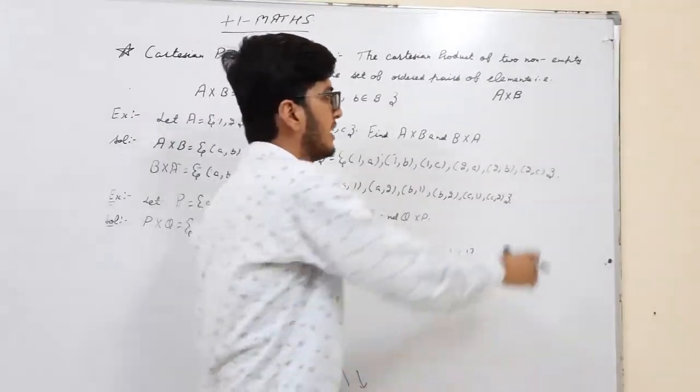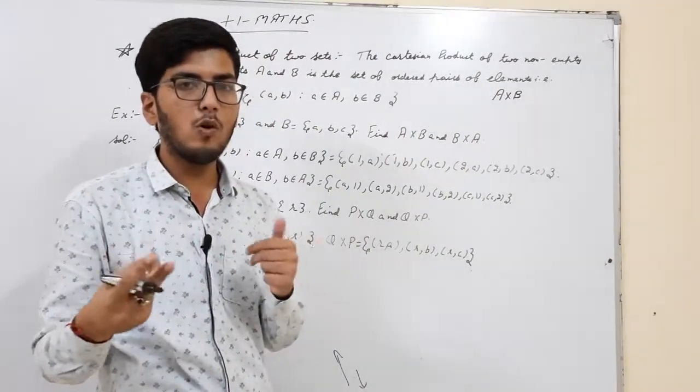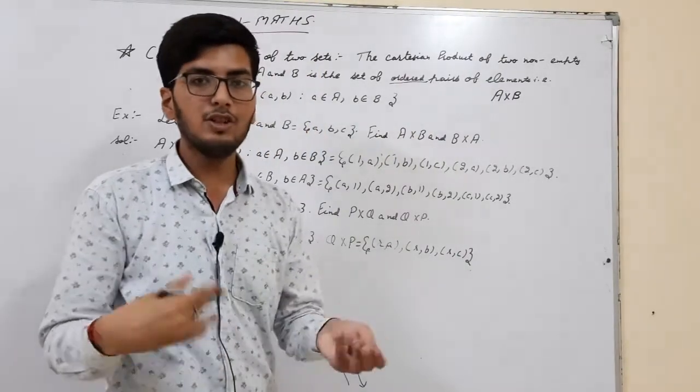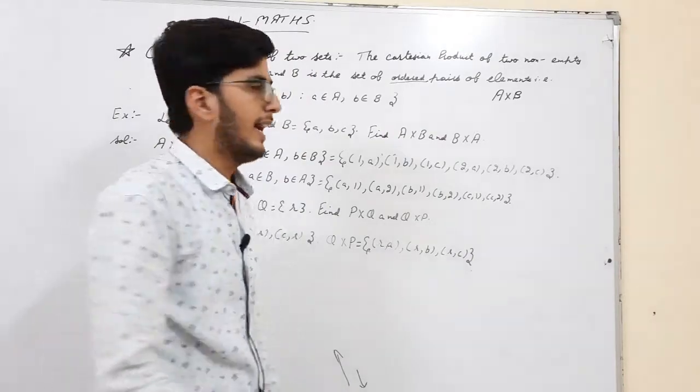And how will those elements look? First of all, ordered pairs. So we will pair the elements of both the sets and it will have some fixed order, right? That is why it is an ordered pair of elements.